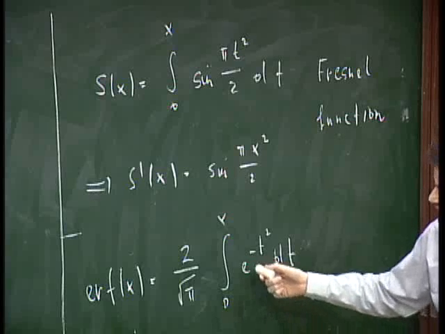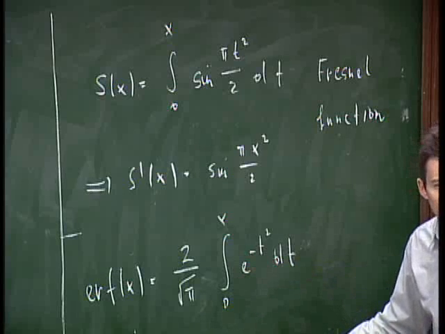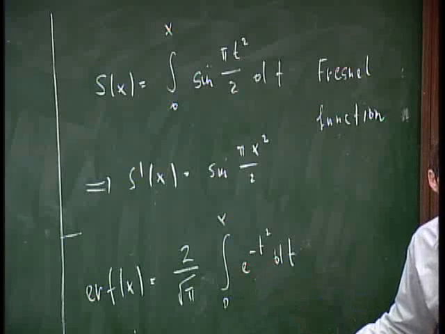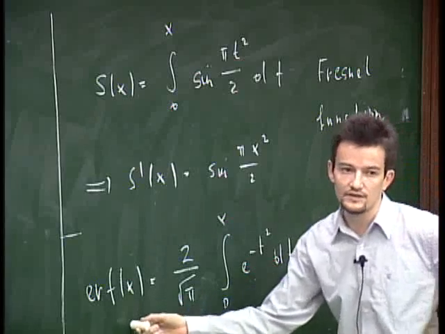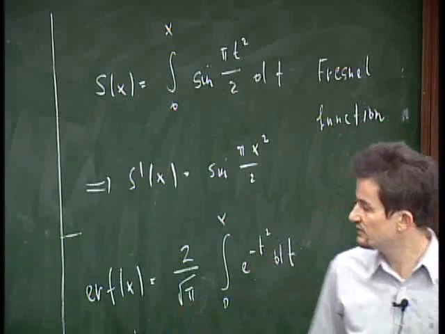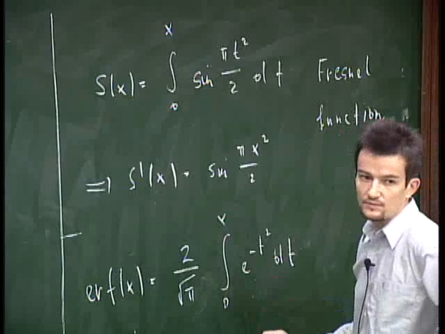So since we cannot express this by some known functions, but the value exists for every x, we give it its own name. And as I said, this is called the Gauss error function. So this is a very important function in probability theory.